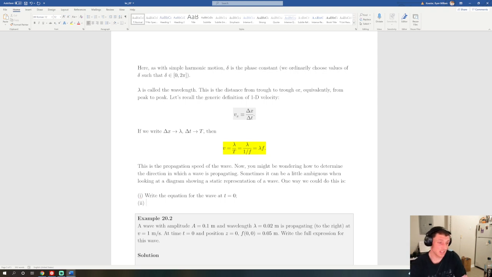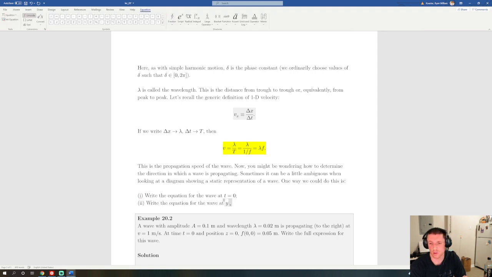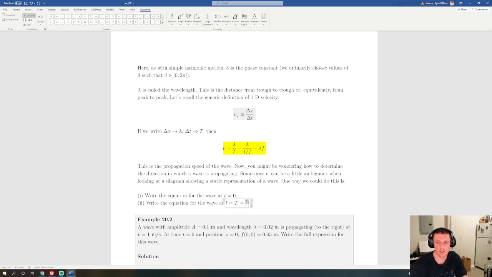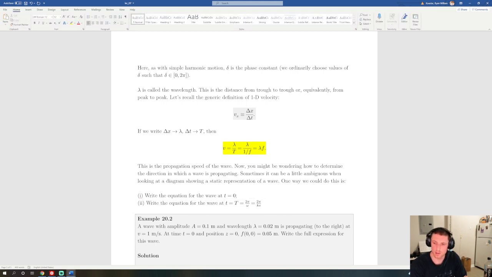Then we write the equation for the wave at t equals the period, and remember this can be written as 2 pi over omega, or as 2 pi over kv. Don't worry about this right now because we'll talk more about k and what it means in a little bit.